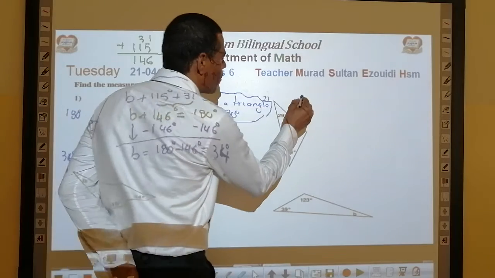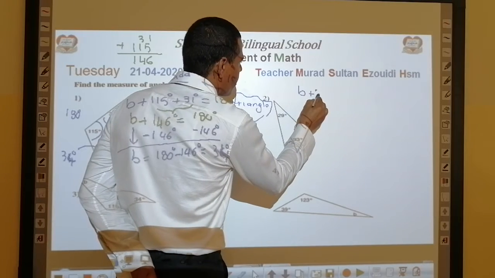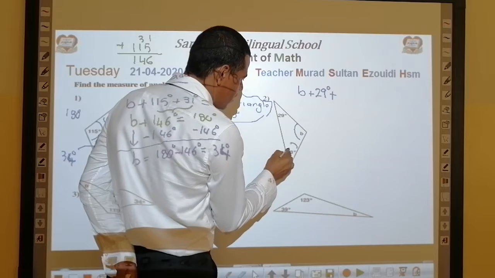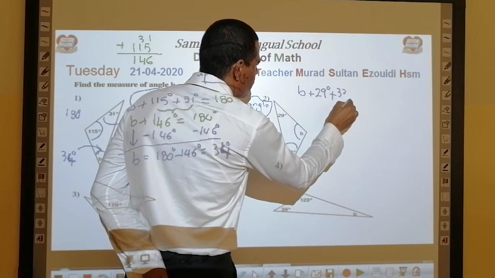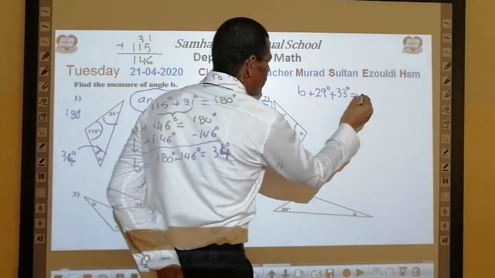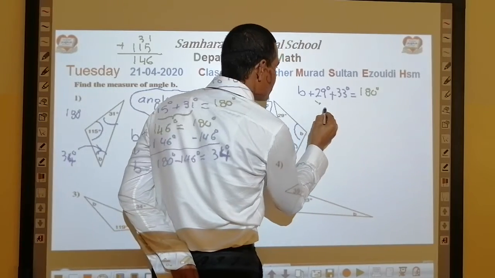The second one, I will make B plus 29 degrees plus 33 degrees equal what? Equal 180. Good boy. 180 what? Degrees. I will add this first.